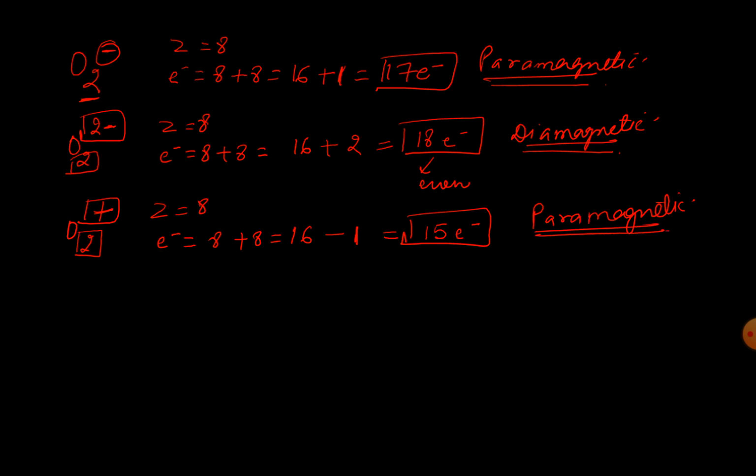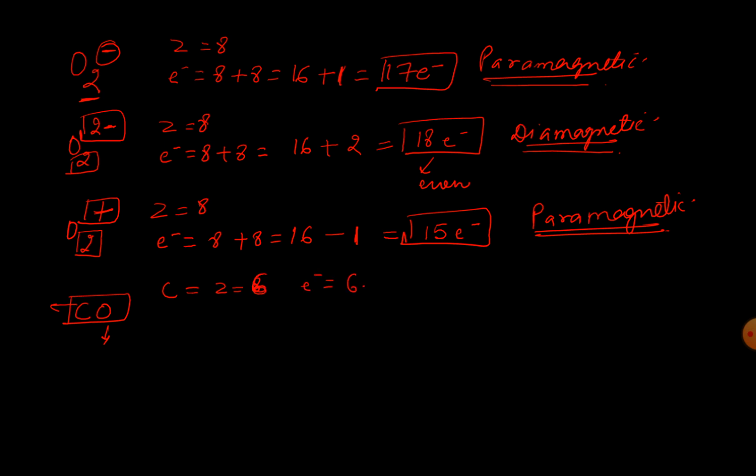Okay. Now let us move ahead. CO. Now try and solve it yourself. It is carbon monoxide. So no need to worry. Even if we are getting two different elements, the concept will remain the same. For carbon, the atomic number is 6, right?